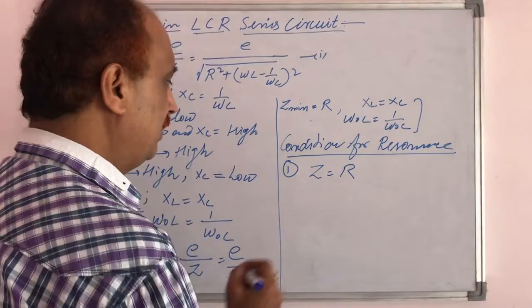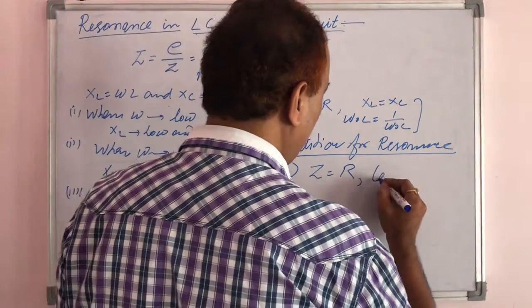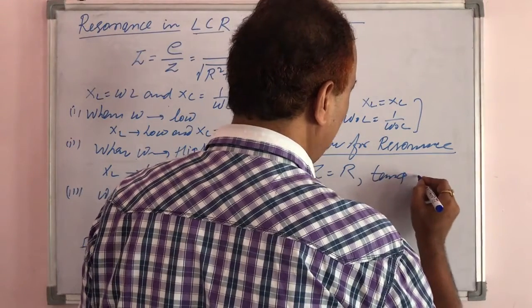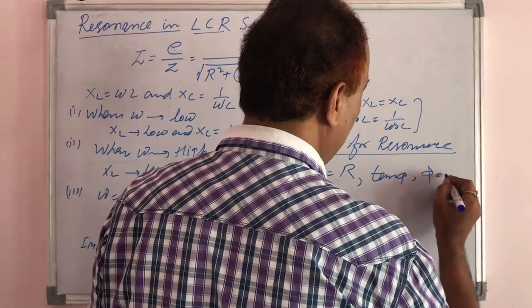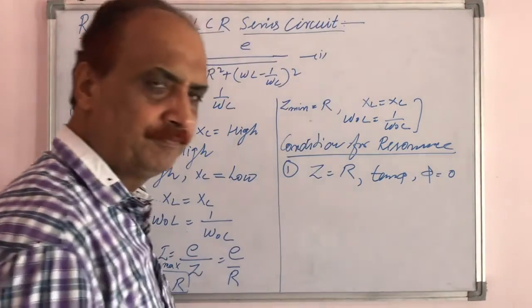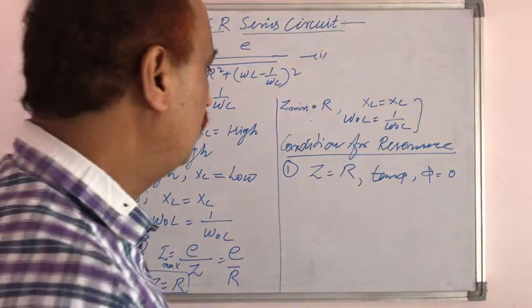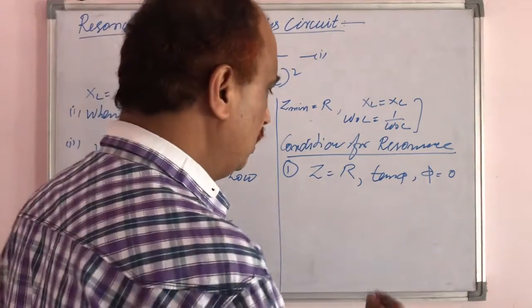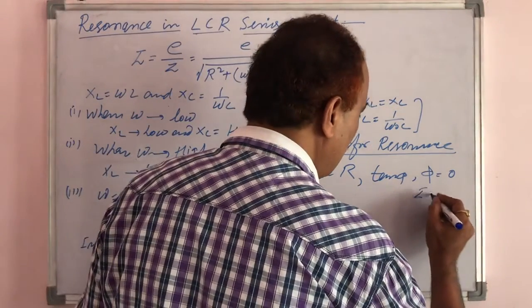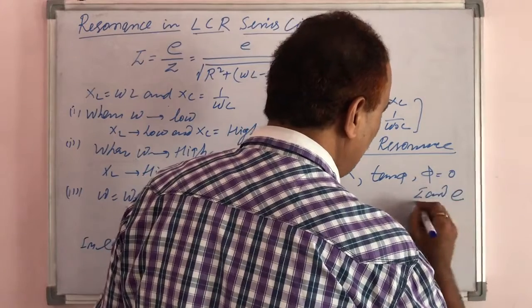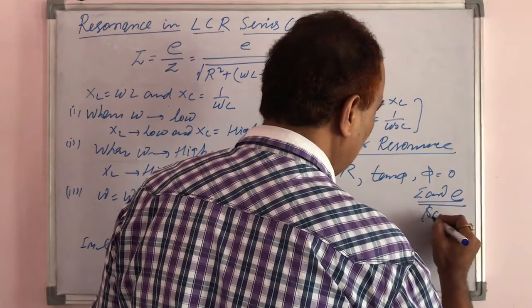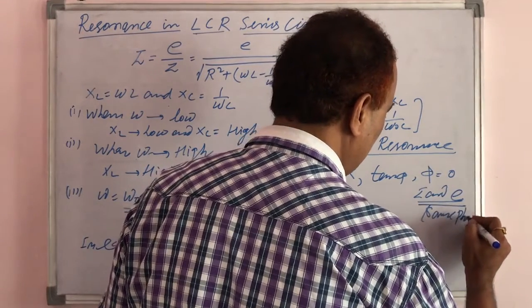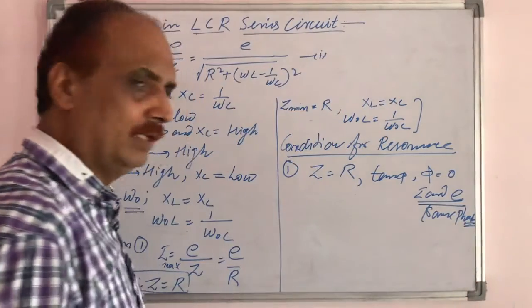In that situation, tan phi, or the value of phi, will be equal to 0, meaning the phase angle will be 0. If the phase angle is 0, it means the current and the EMF are both in the same phase. It is condition number 1.